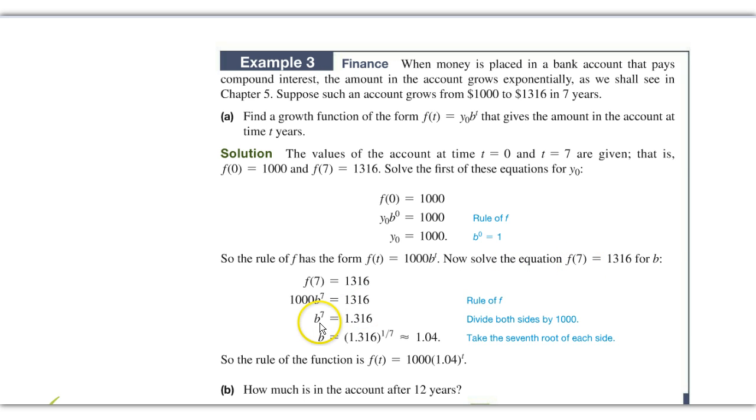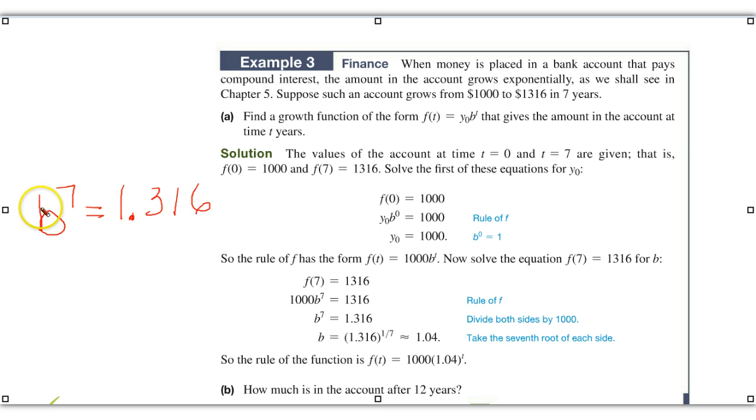So we're going to say b to the 7th power is this amount. We're equating 1000 b to the 7th equals this. We're dividing both sides by 1000 to get this. Now, how do we get b by itself?